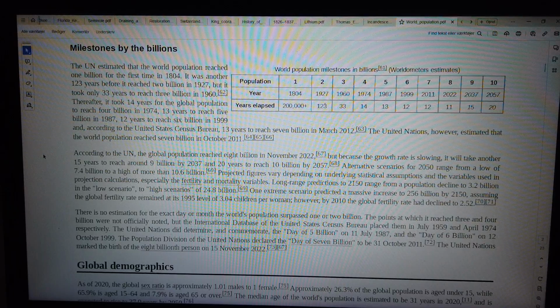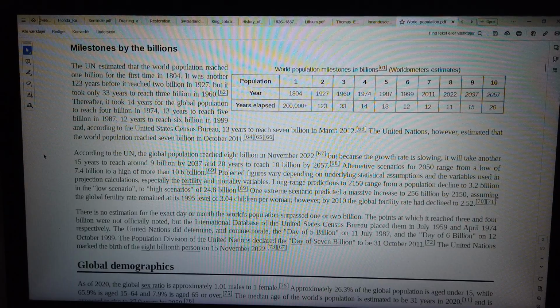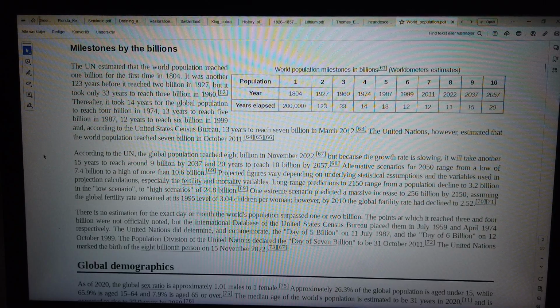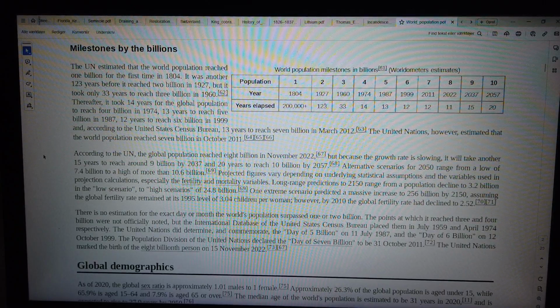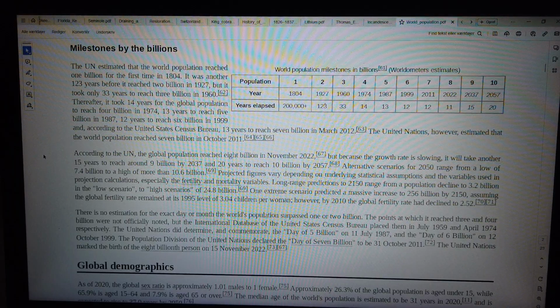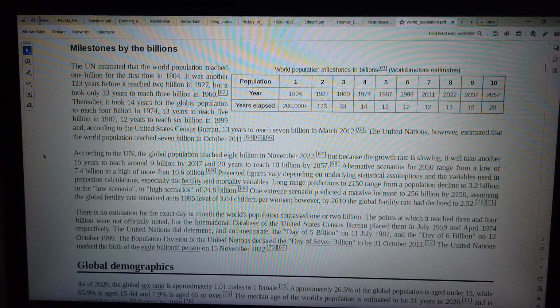According to the UN, the global population reached 8 billion in November 2022, but because the growth rate is slowing, it will take another 15 years to reach around 9 billion by 2037 and 20 years to reach 10 billion by 2057.